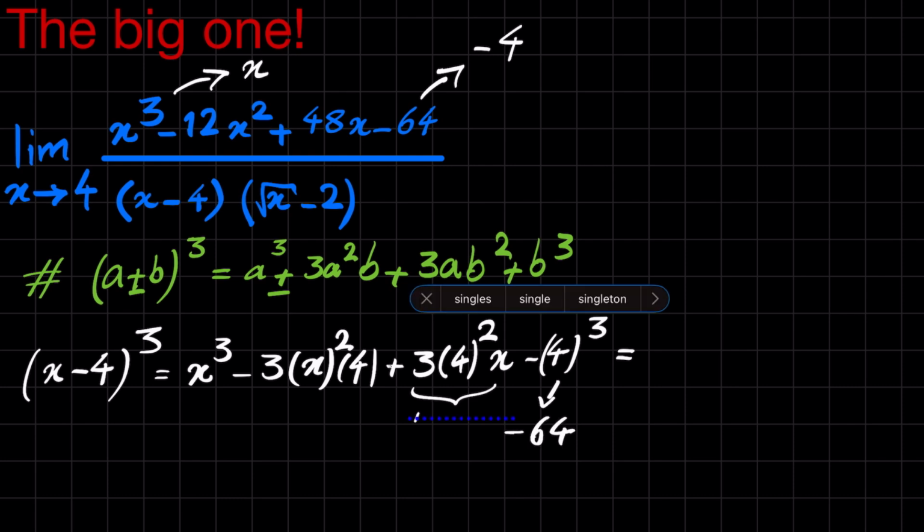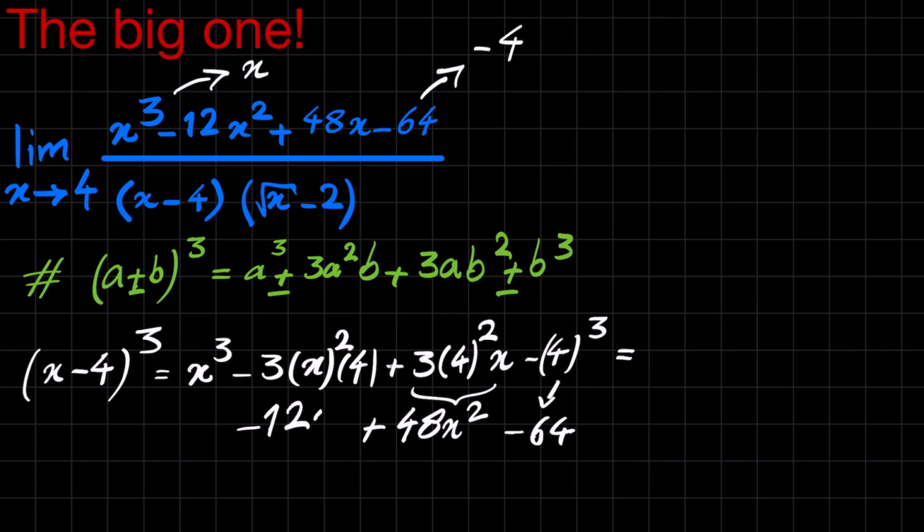That's going to be 16x. 16 times 3 is going to be 48, and this one is going to be minus 12x squared. So we could see it's the same thing as the numerator, and we're just going to rewrite it like that.